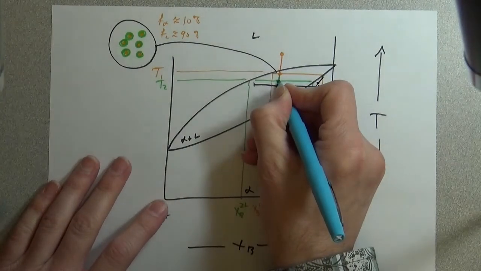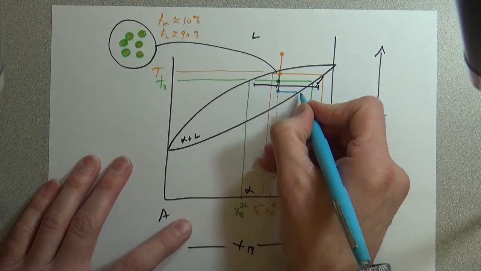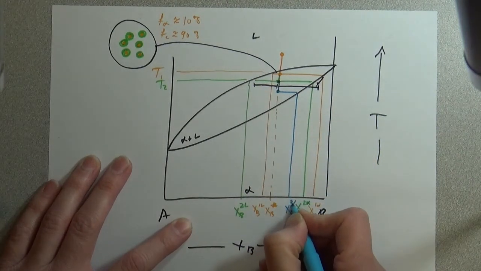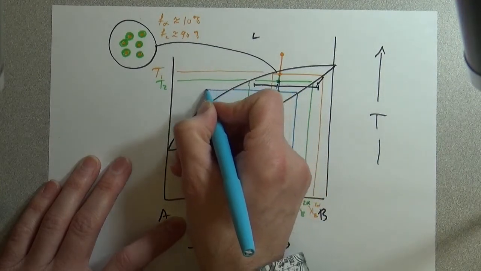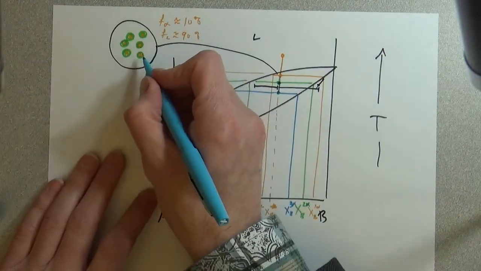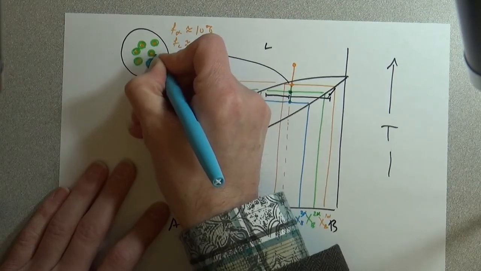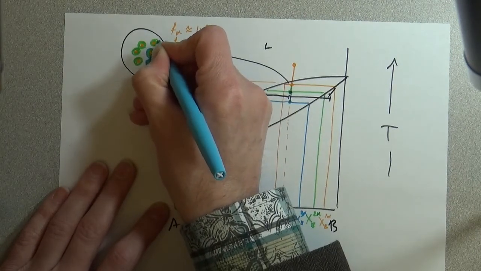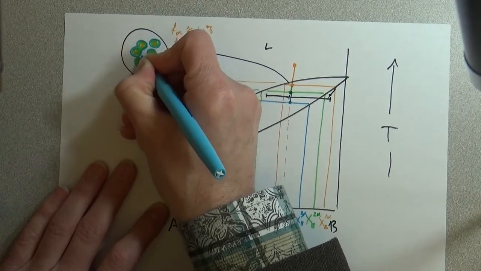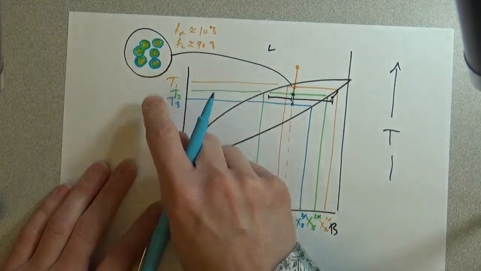So we'll cool this a little bit further. At this point, the composition of the solid that's forming is XB3 alpha, because it's T3. And that, again, is going to form on the outside of these existing crystals.